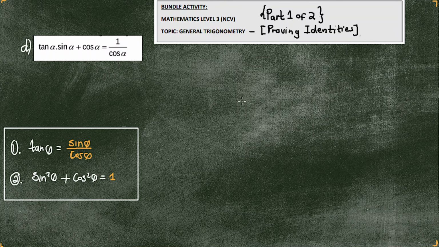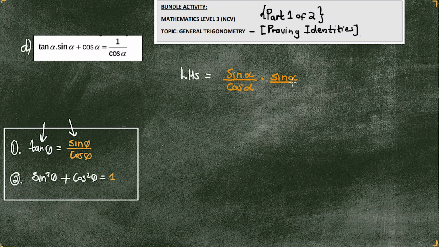So with this one, it's obvious that we'll have to take the left hand side, isn't it? So again, left hand side. Remember, tan is an identity, so we're gonna change it to sine over cos. We have a different variable here, so I'm gonna change it to alpha: sine alpha over cos alpha multiplied by sine alpha.